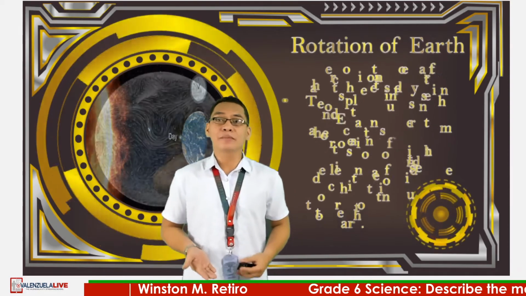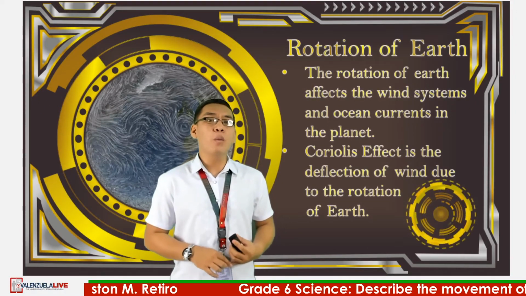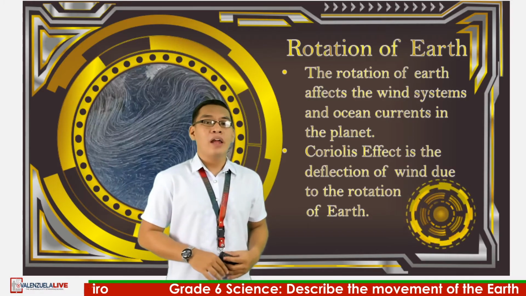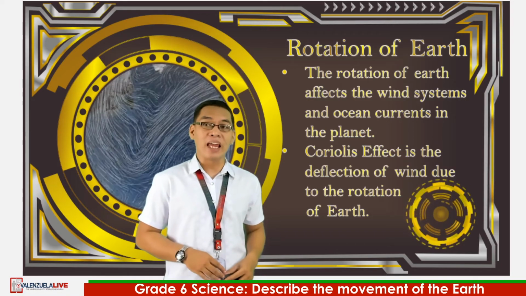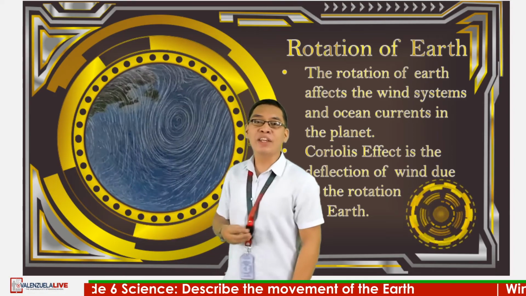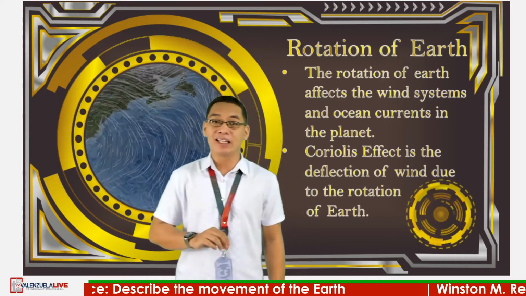Another thing, the rotation of the Earth affects the wind system, as I have told you before, and ocean currents in the planet as well. Coriolis effect is the deflection of wind due to the rotation of Earth.